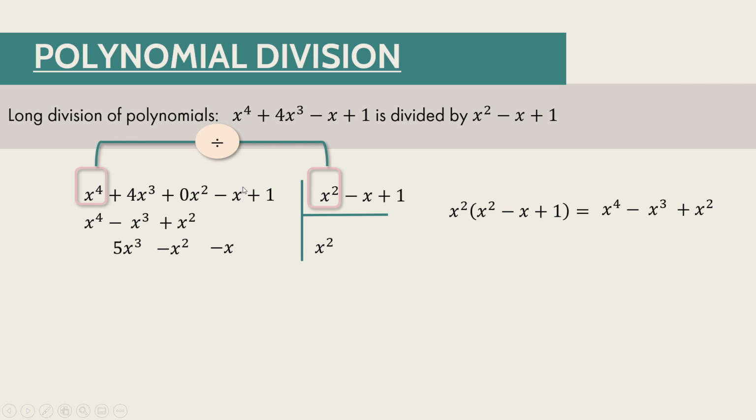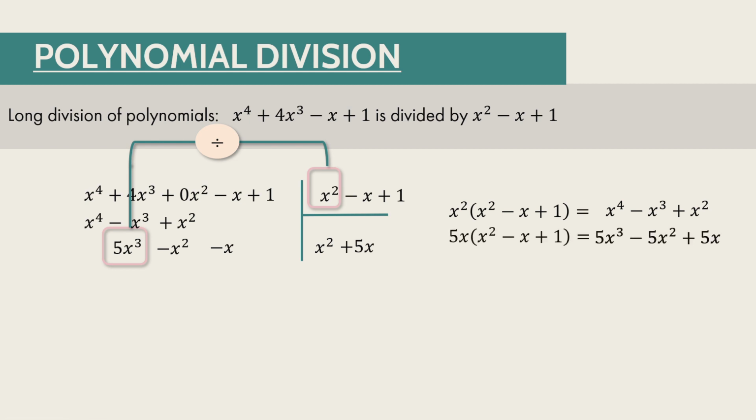We bring negative x from the original dividend here so that we have enough terms to divide it by the divisor. 5x to the power of 3 divided by x to the power of 2. The answer should be 5x.